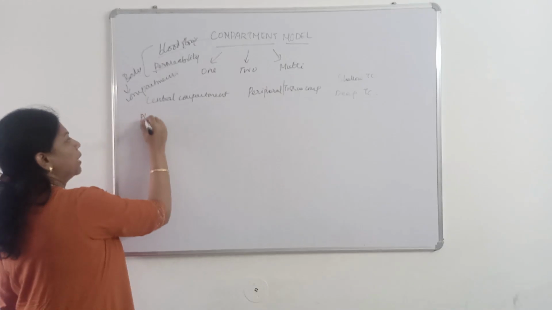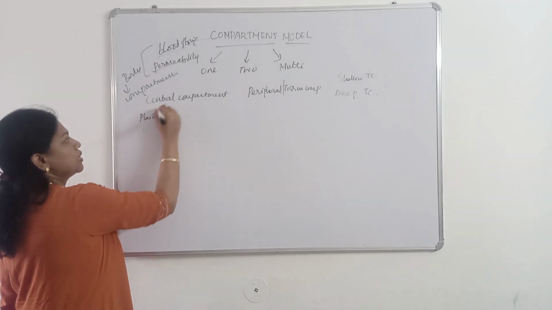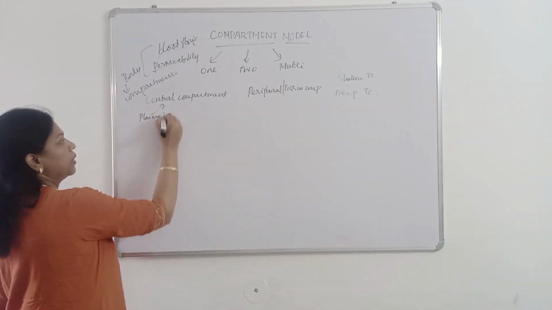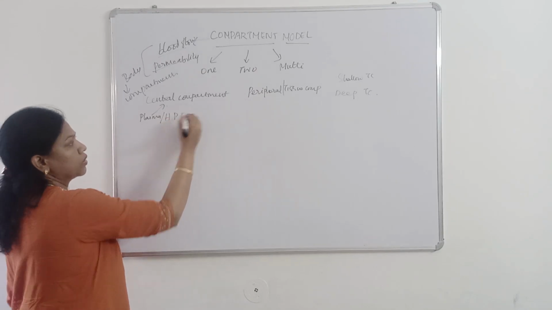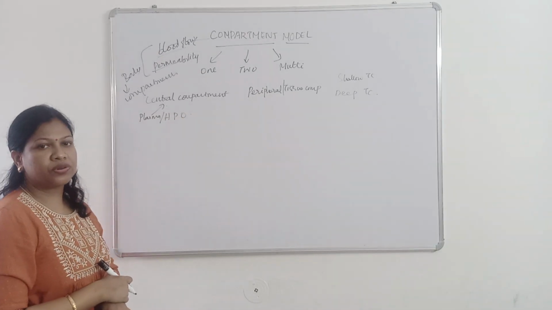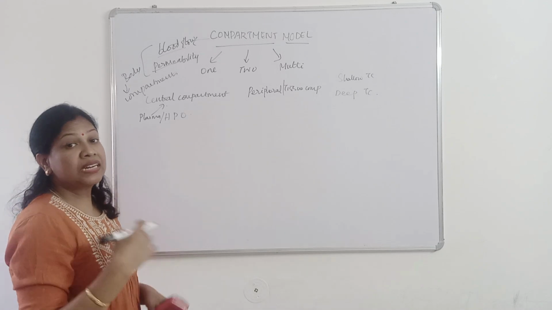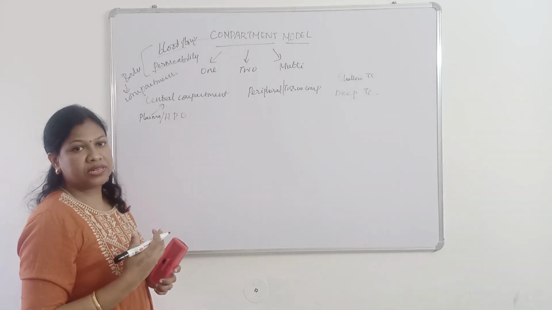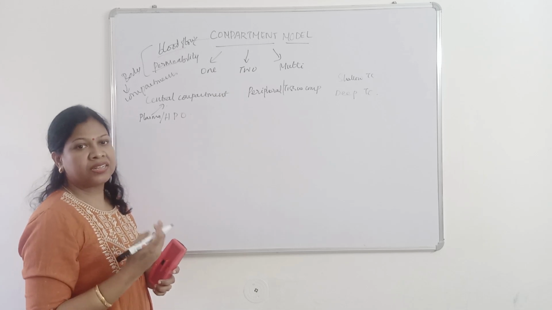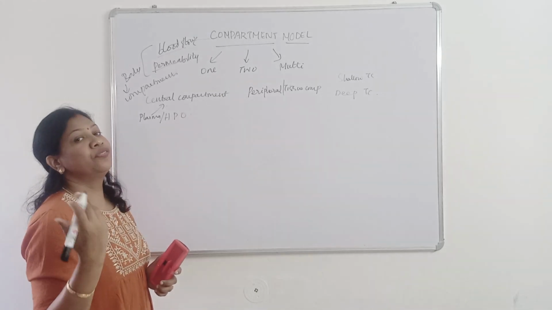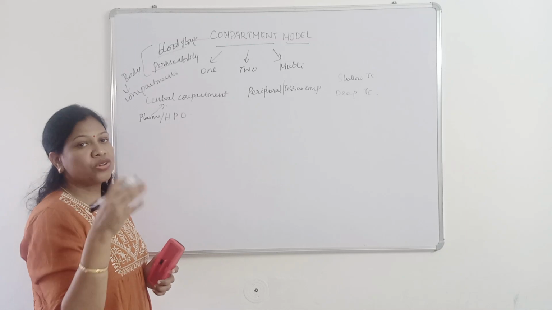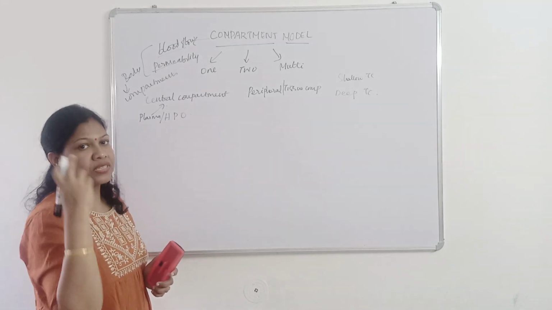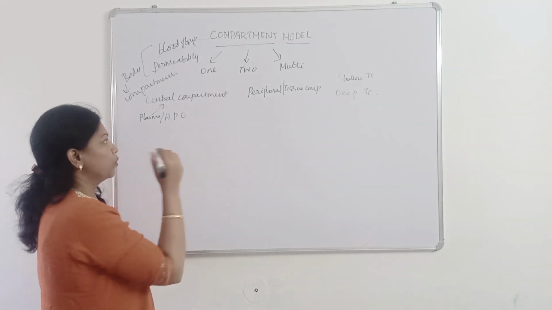So what tissues will be placed in these compartments? Plasma will always be in the central compartment. Apart from that, highly perfused organs. Which are known as highly perfused organs? The organs where the blood flow is higher or greater, like vital organs such as heart, liver, kidney, lungs, and also the brain.